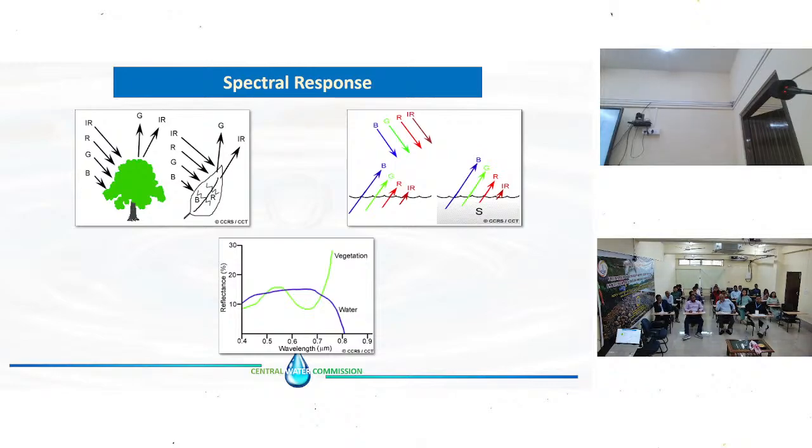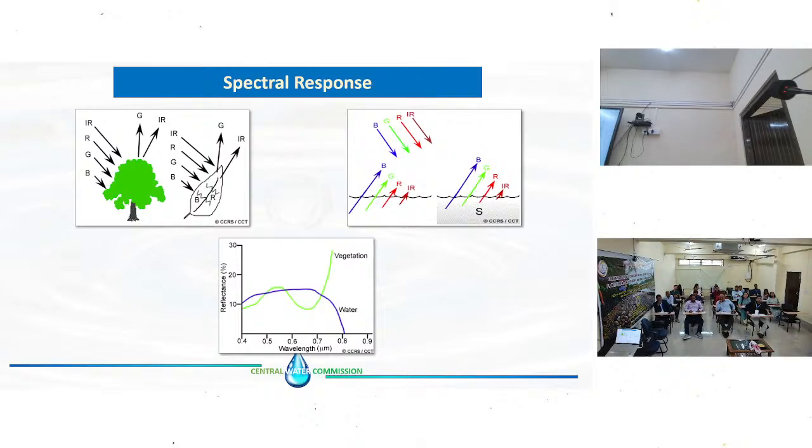This is a plot of percentage reflectance of vegetation. You can see it shows up after the visible portion. This is the visible portion, blue, green, there is a local maxima, but it is much higher in the near infrared.